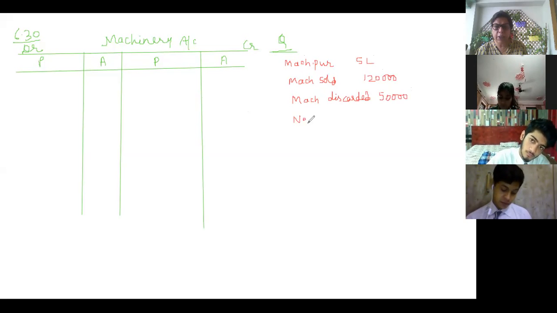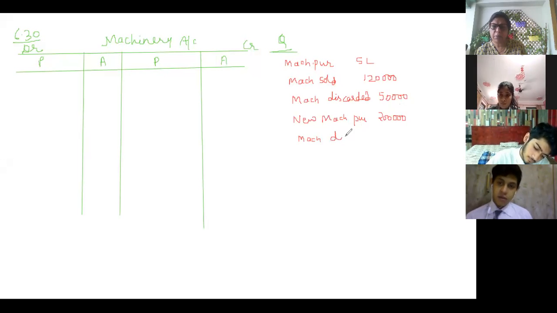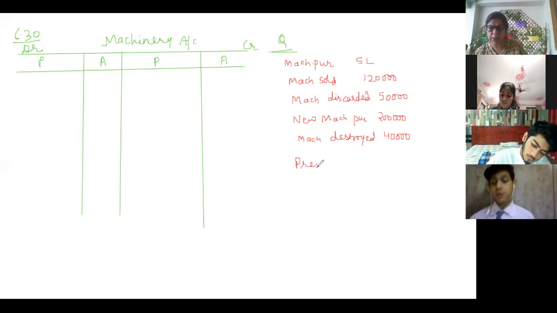New machinery purchase, that is 2 lakh. And machinery destroyed due to some accident, due to obsolescence, any reason may be there, 40,000. And the question is, prepare T-shape account.